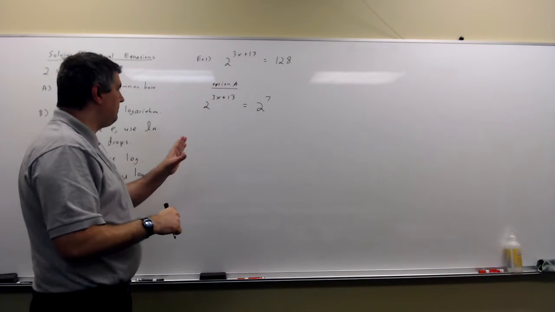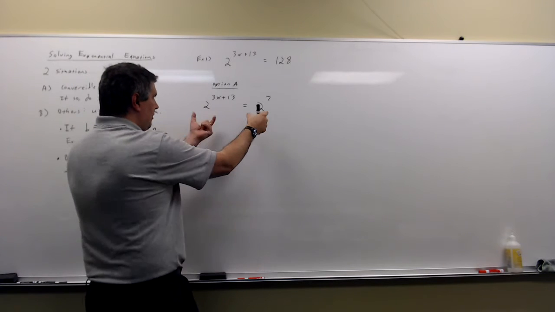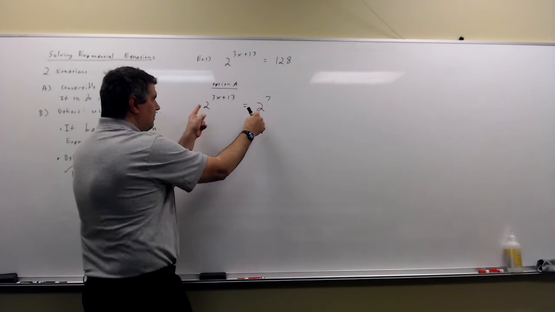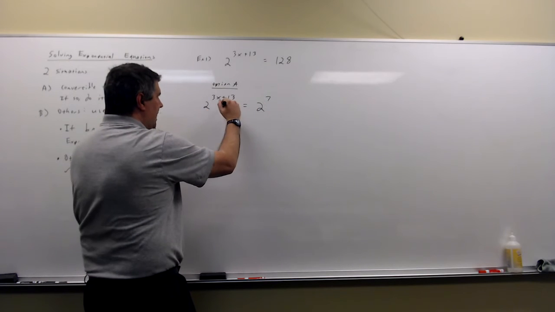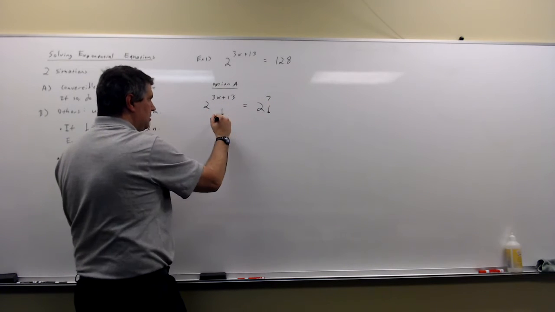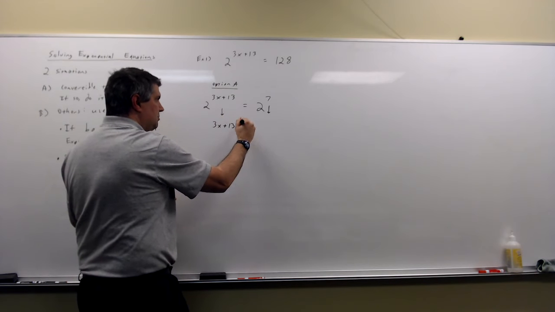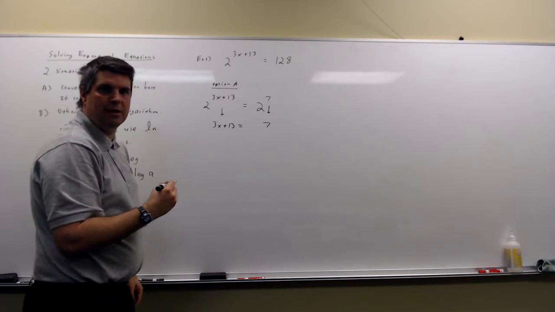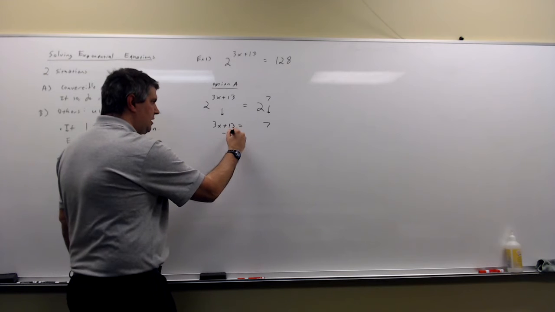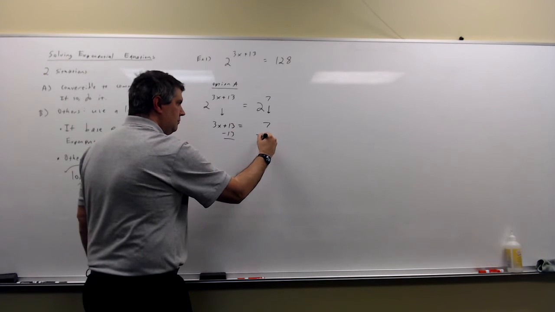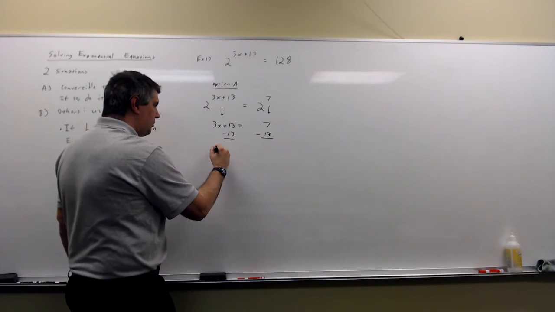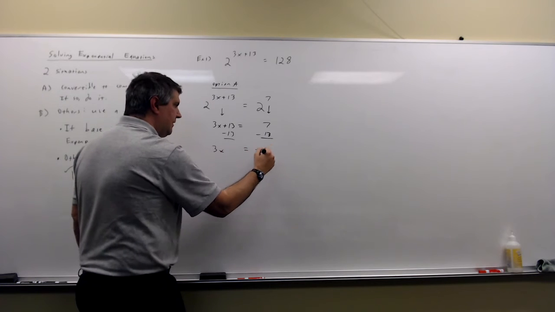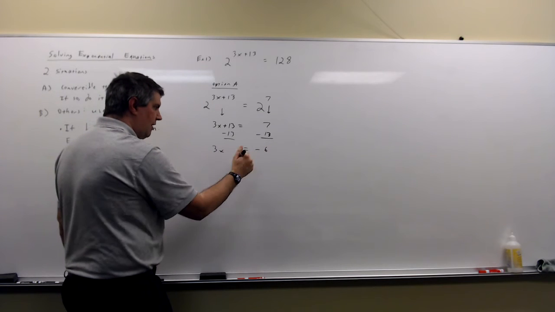Now, if this equals this, and the base equals the base, that requires the exponent to equal the exponent. 3x plus 13 is 7. Subtract your 13, and 3x is negative 6. Divide off the 3, divide off the 3.